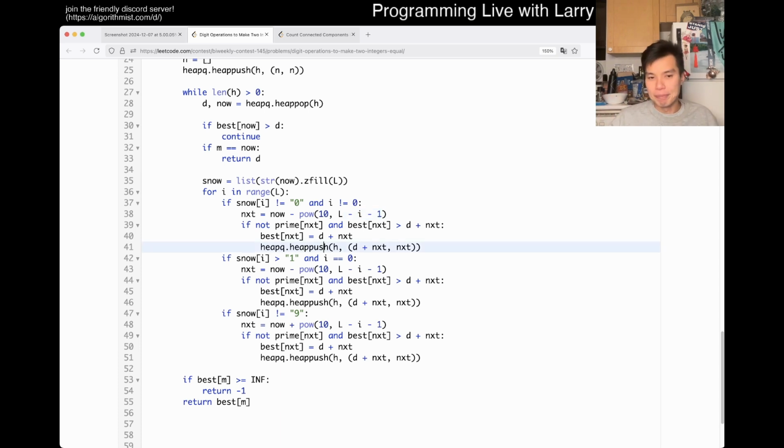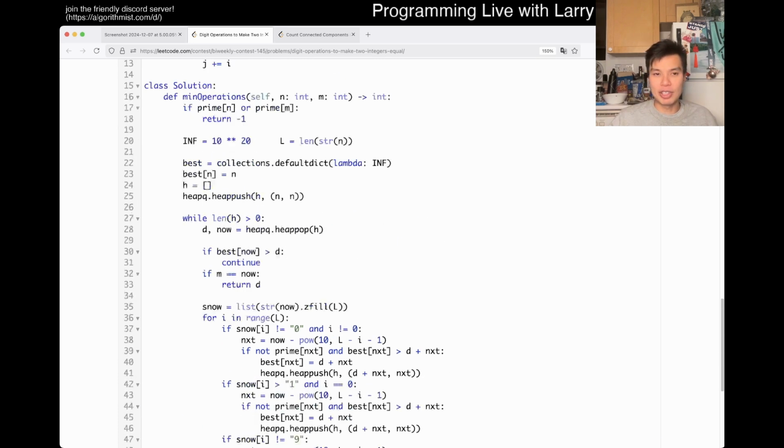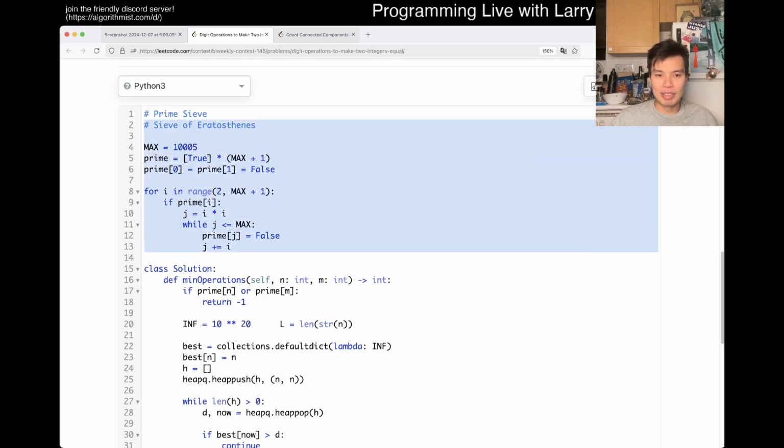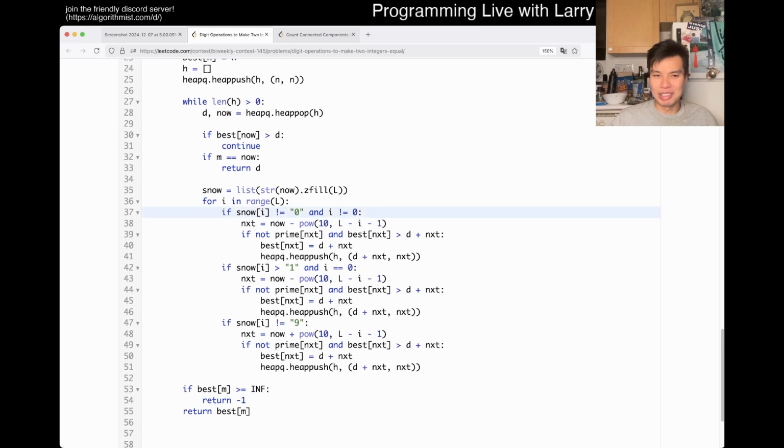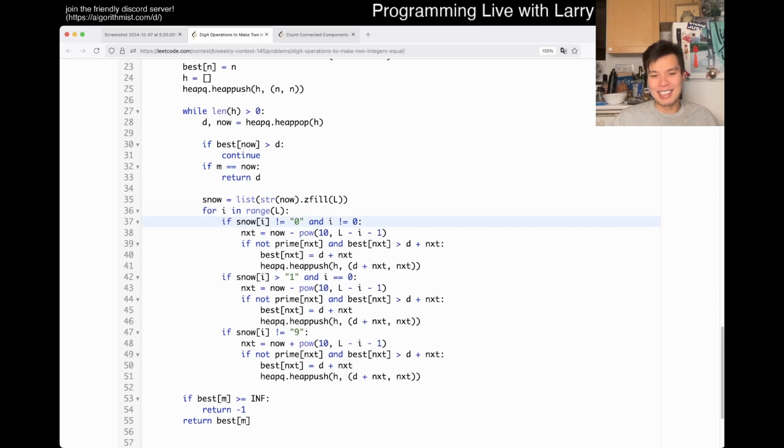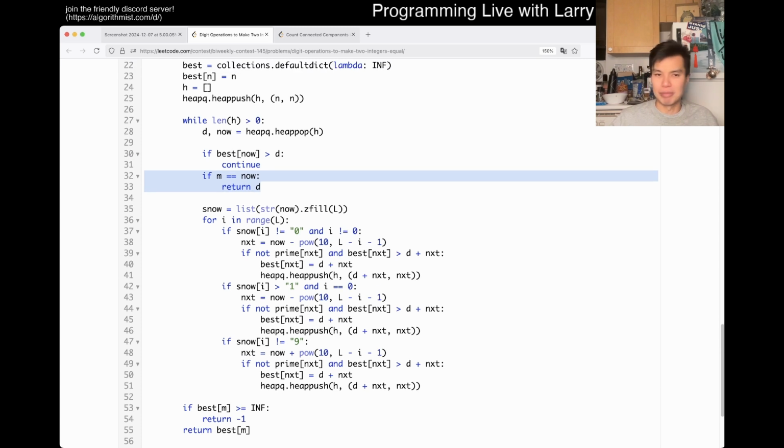So that's pretty much the idea. Everything, like I said, is very standard Dijkstra as long as you understand the prime sieve and this silly leading 0 thing. And at the end, if we haven't reached it, we return -1, otherwise we return this. Though in theory we should not get here because this should have happened, but better be safe, I guess.